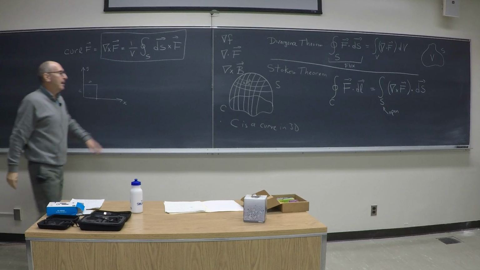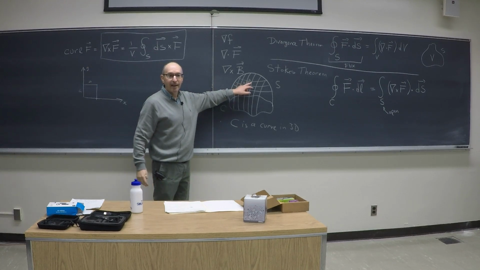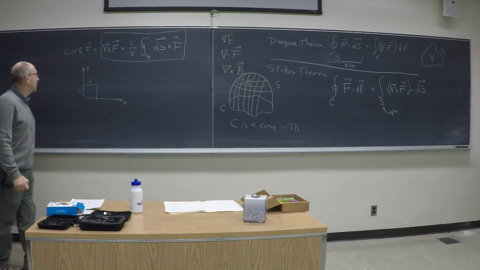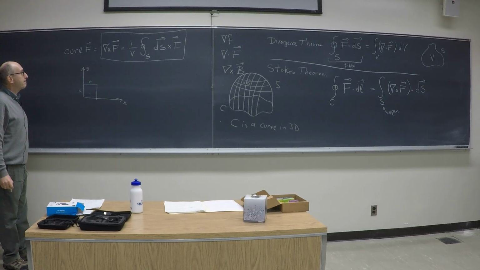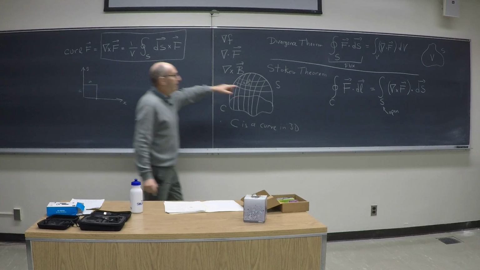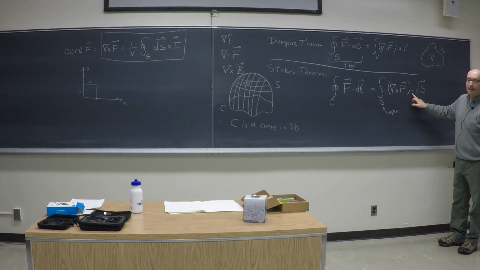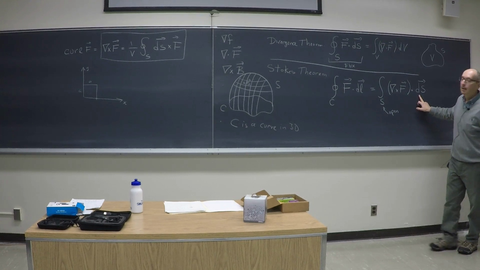I can go to any of those squares and do that analysis. I'm going to just concentrate on one of them. Okay, and so the Stokes theorem requires that I take the curl and do a dot into S, correct?